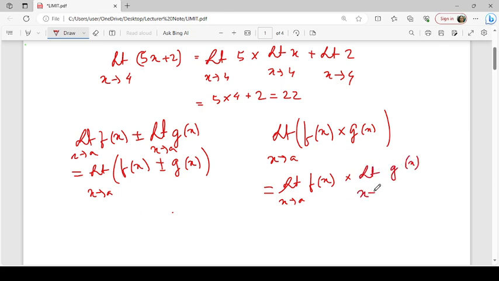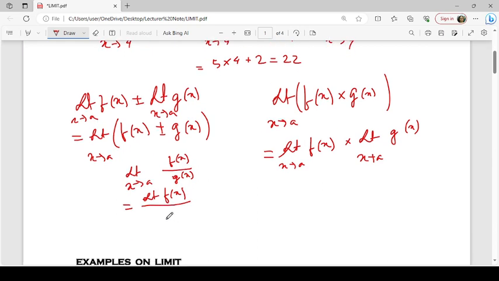And the limit of f(x) by g(x) is equal to the limit of f(x) as x tends to a, by the limit of g(x) as x tends to a.